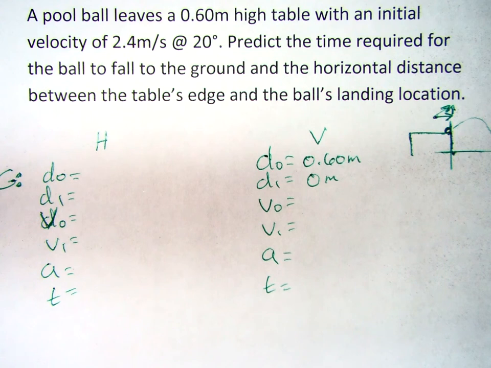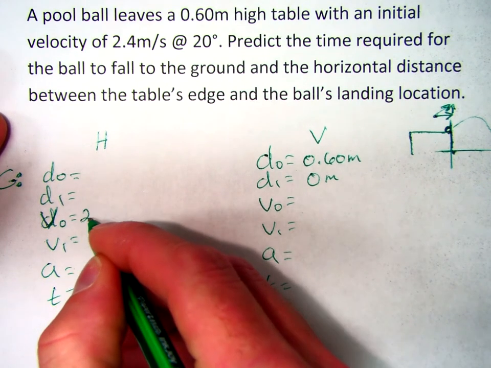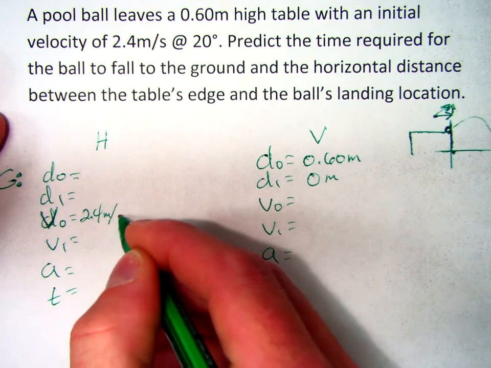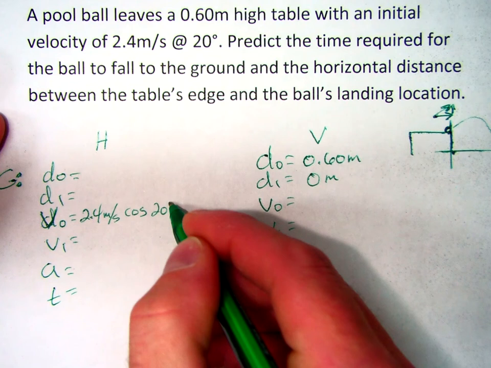So we've got a velocity of 2.4 meters per second at 20 degrees. And we know that's two-dimensional because it's got an angle measurement. So we can find the horizontal and vertical components by using trig. My horizontal component of the velocity is going to be 2.4 meters per second times the cosine of 20 degrees.